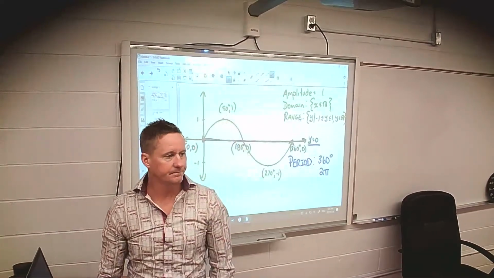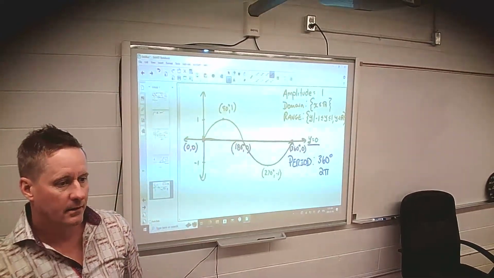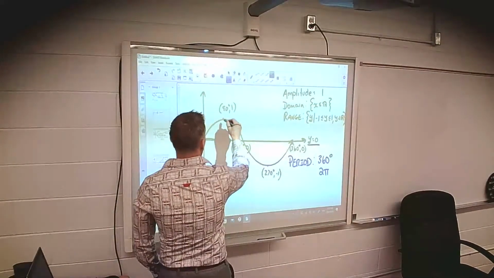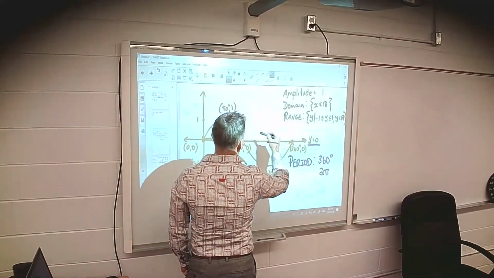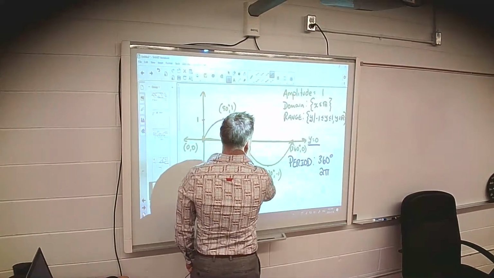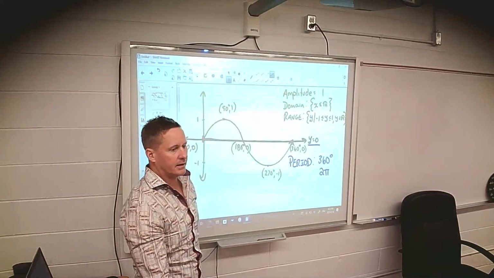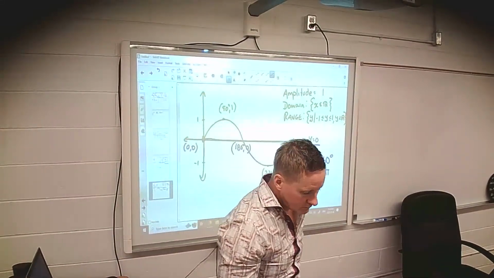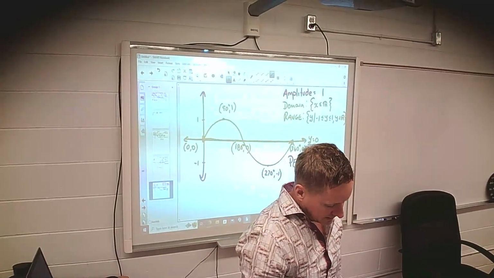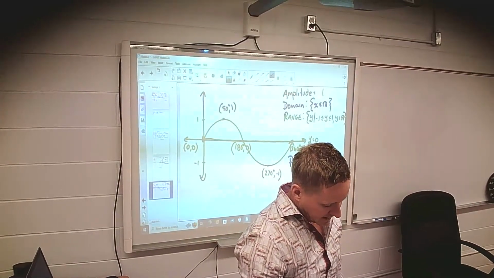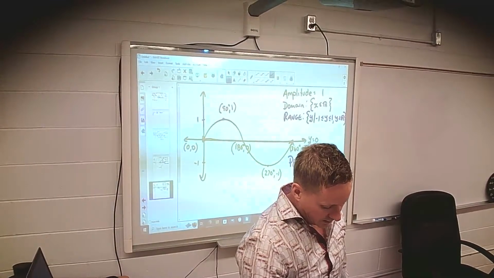That's your midline. It divides it into two equal parts. Crest, trough, whatever. Maximum, minimum. Halfway in between is your midline. And that's about it for that.